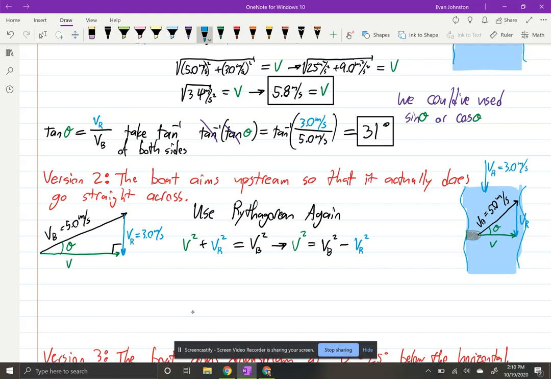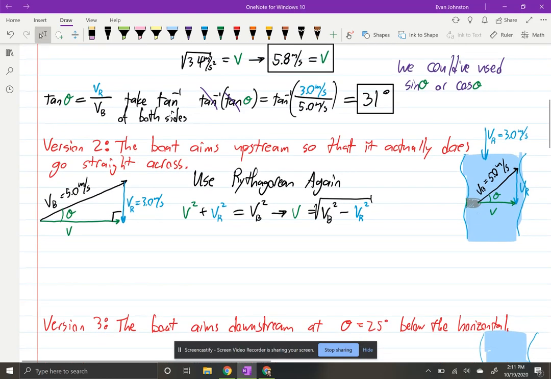And if I want to get just the velocity of the boat at the end, the total velocity, this part in green alone, I need to square root both sides. So if I square root this side, well, that gets rid of the square right there. Beautiful. So now we just need to plug in our values for it, which is pretty neat.